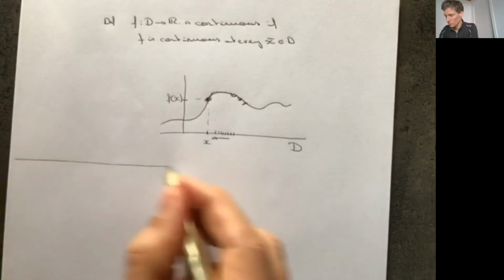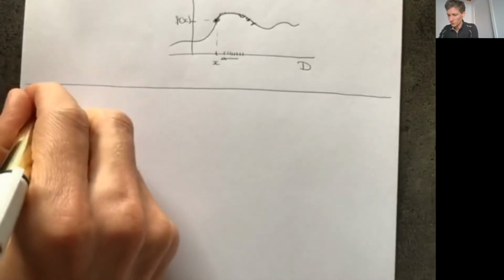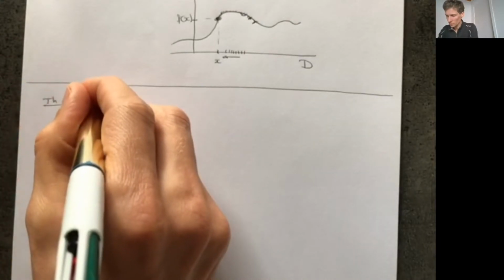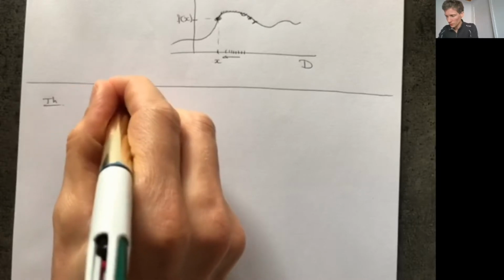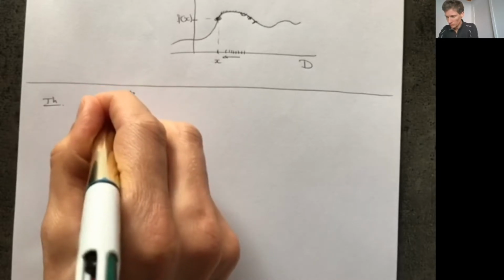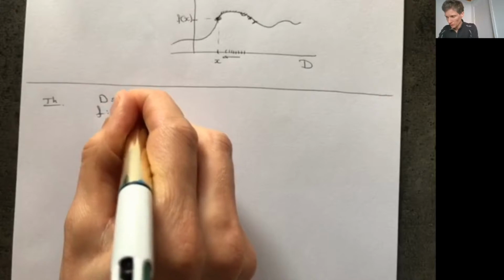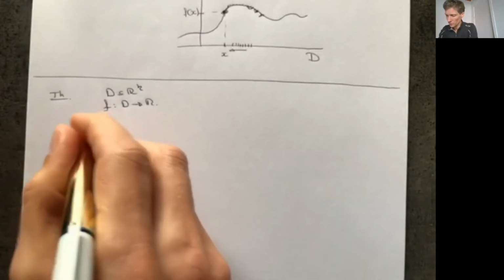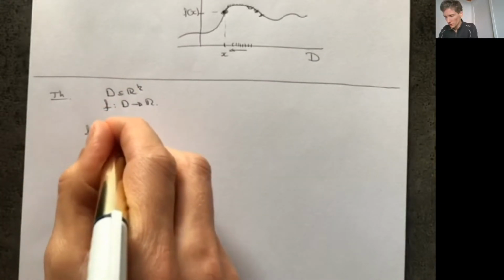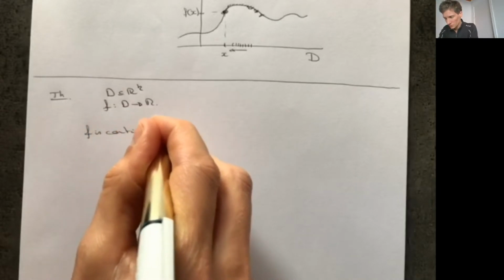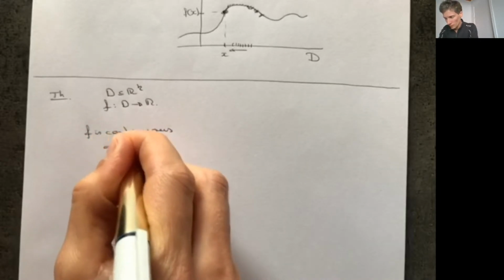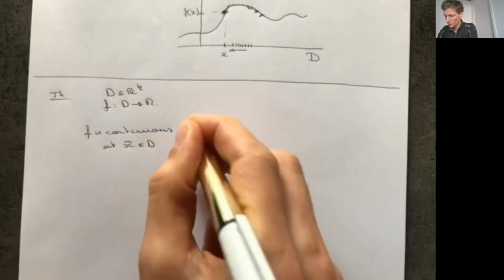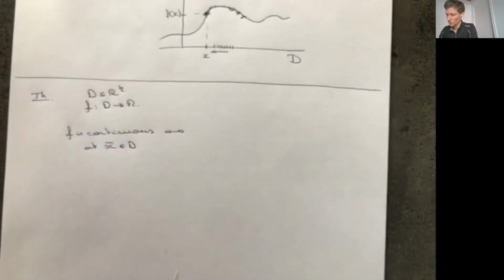Okay, so we're going to prove an important fact or an equivalent definition of continuity of a function at a particular point. So this is going to be your theorem. So you have a domain D in Rk, and you have a function f from D to R, and then you have the following theorem that says that f is continuous at x in the domain if and only if the following holds.